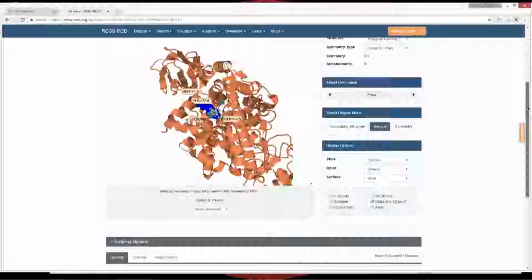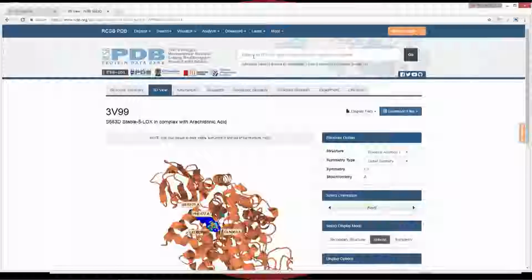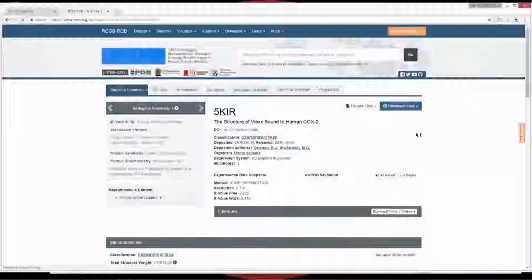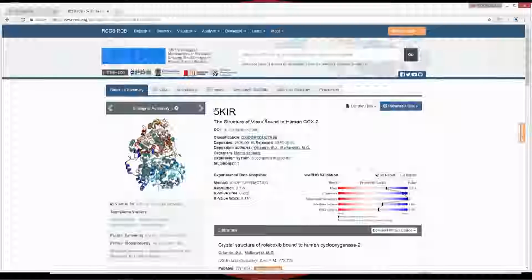Now, we can look at another protein that is called 5KIR. This is cyclooxygenase 2, COX2, and we have the Vioxx.